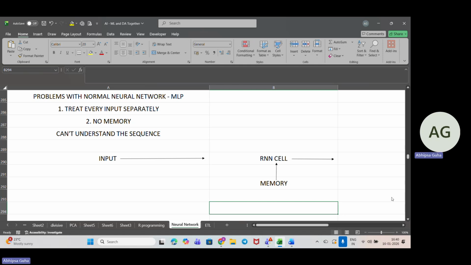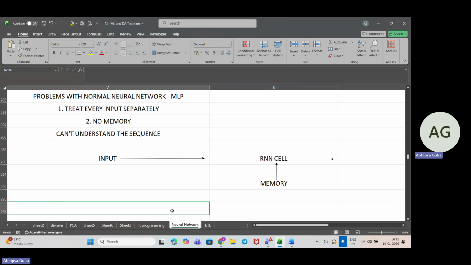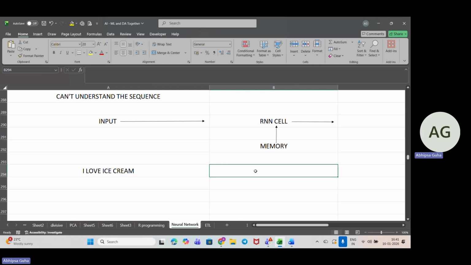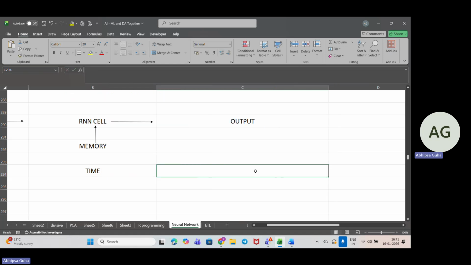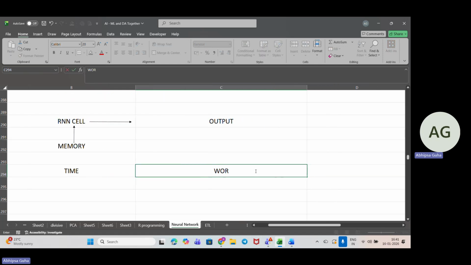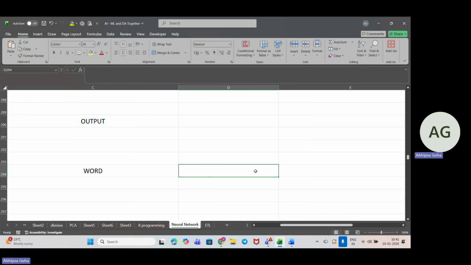Now, let's take a simple story of predicting the next word. Suppose I have the sentence, I love ice cream. A very common understandable sentence. First it goes by time. We'll have time, next the word, next the memory.